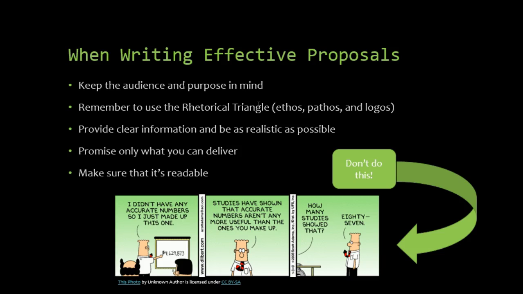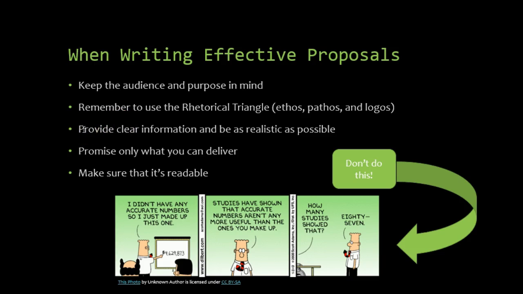Pathos is an emotional appeal. And logos is a logical appeal. Each of these has its strengths and its low points or weaknesses. So decide what you want to use and decide what works best for your proposal and for your audience.